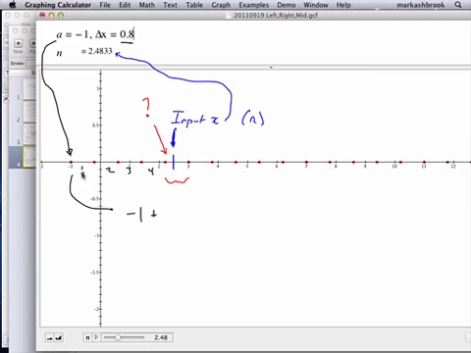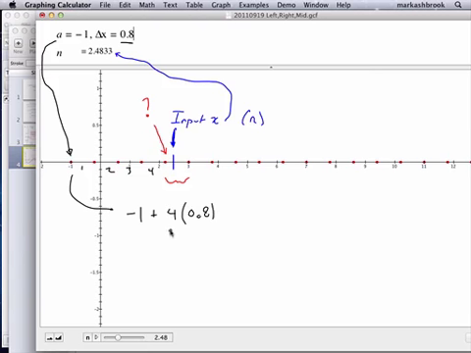So we start at -1 and then we're going to go 4 intervals, and each interval is 0.8 long. So what does that number 4 times 0.8 represent? Change from -1 to the place we want to go.